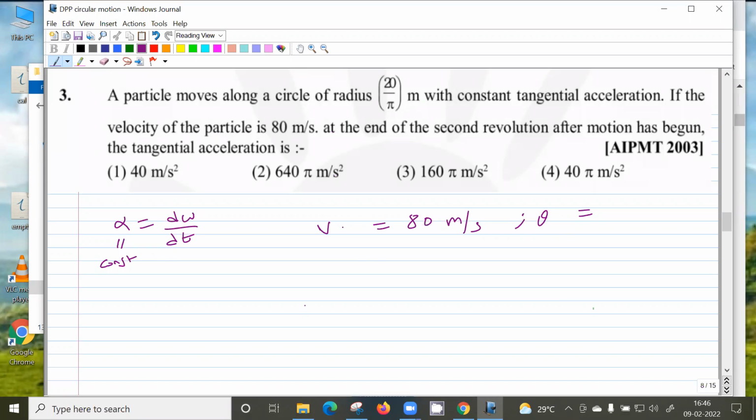This means that velocity at angular displacement theta equal to 4 pi is 80 meters per second. So alpha, right? The tangential acceleration expression is r square omega only, no, sir. That's radial acceleration.